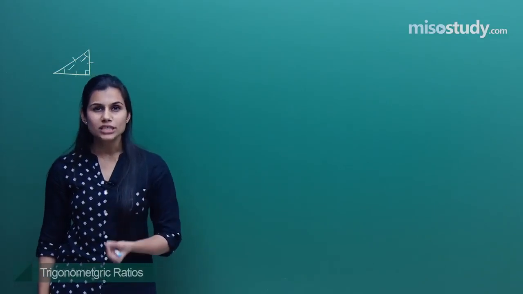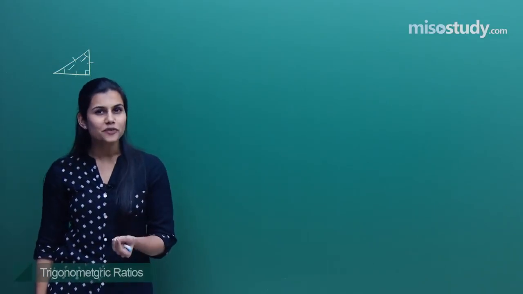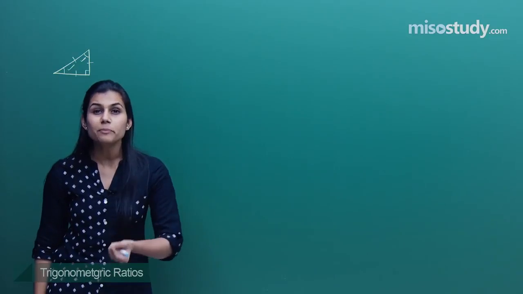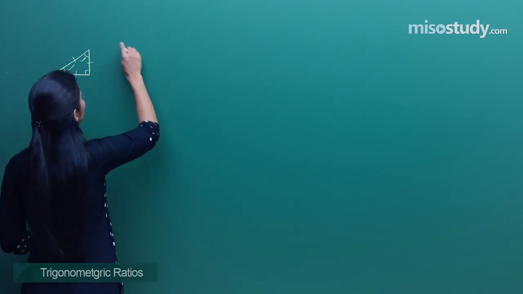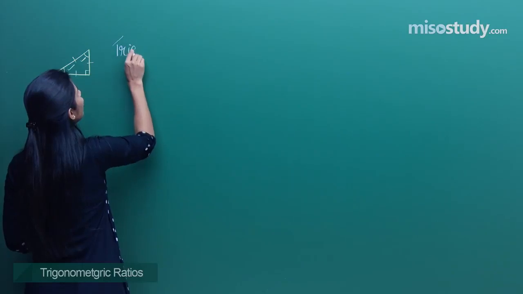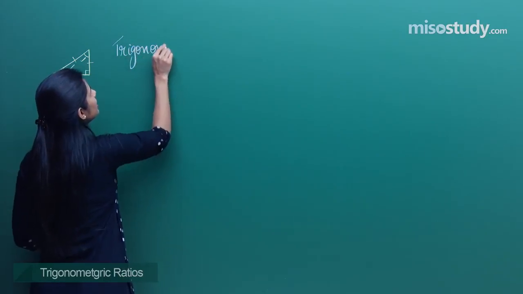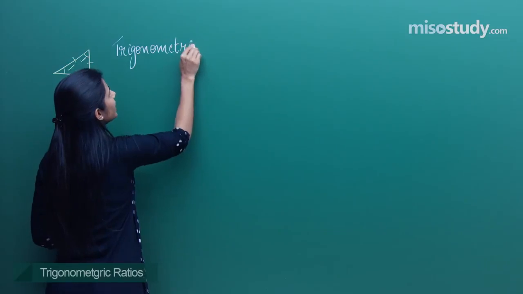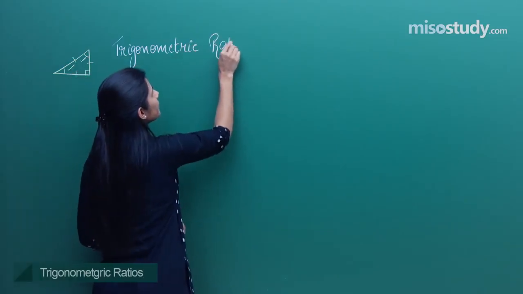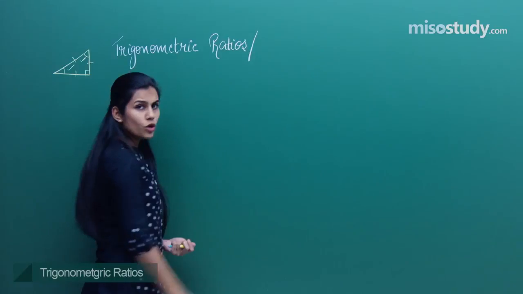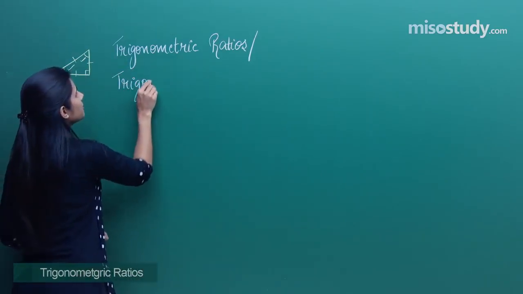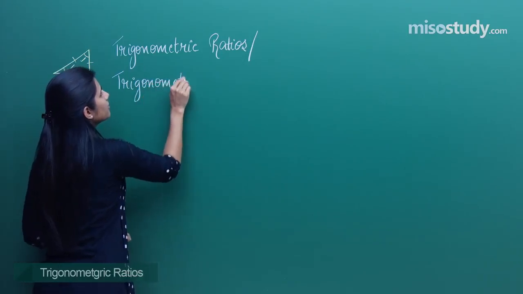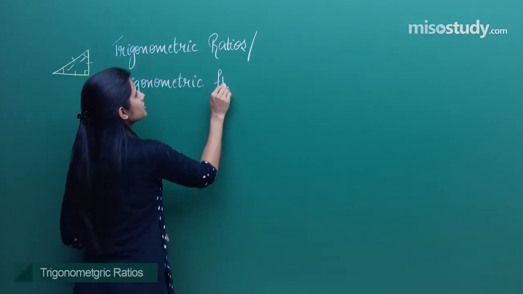That is the motive of today, because at the end of the day we are dealing with the measurement of triangles, and this is the starting of it. So today's venture is to teach you the meaning of trigonometric ratios, also called trigonometric functions.